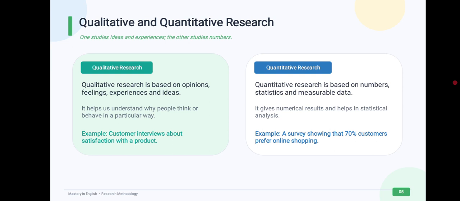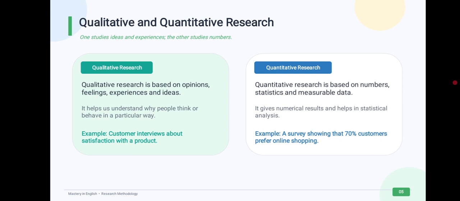Next type, we have quantitative research. Basically, quantitative research is based on numbers, statistics, percentage, and measurable data. This research gives the numerical result.